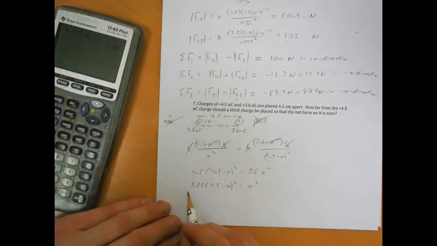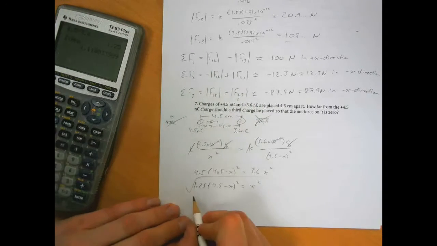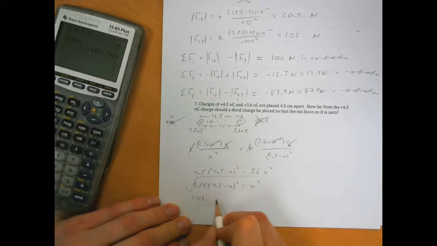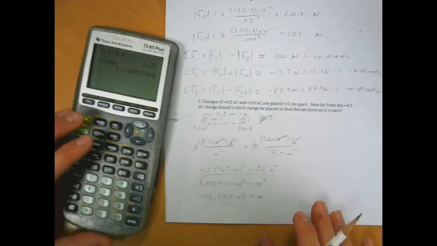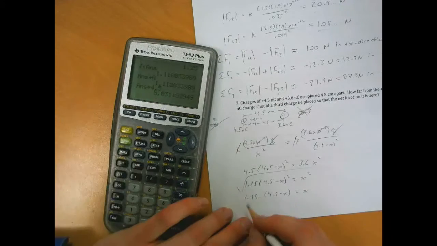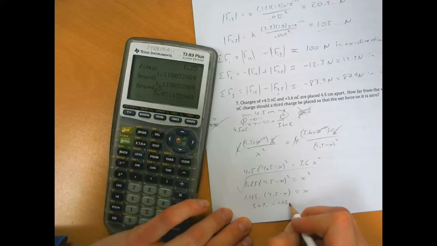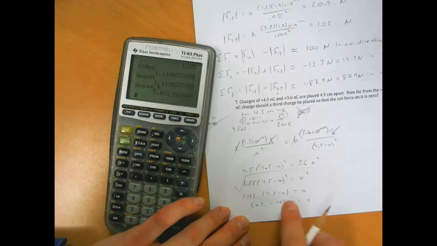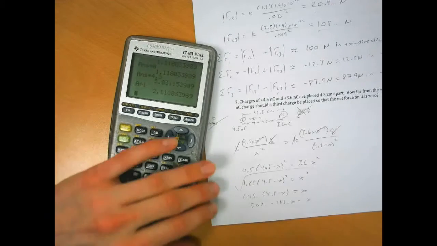Take the square root of everything, and that gives us 1.118 times (4.5 minus x) equals x. And from there, we're just doing algebra. We distribute that, take that times 4.5, which gives us 5.03 something minus 1.118x, and then adding that to the other side, we've got 1 plus that 1.118 stuff.